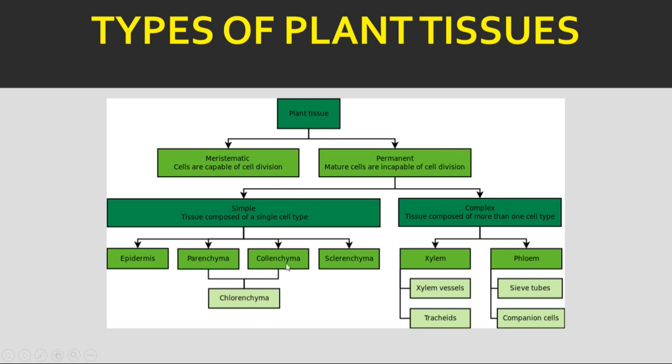The parenchyma forms chlorenchyma, and in the complex part we can see xylem, phloem, xylem vessels, sieve tubes, tracheids, and companion cells. So all these parts form a mind map which will help you understand the chapter. So hope you have taken the screenshot of this. So let's move to the next slide.